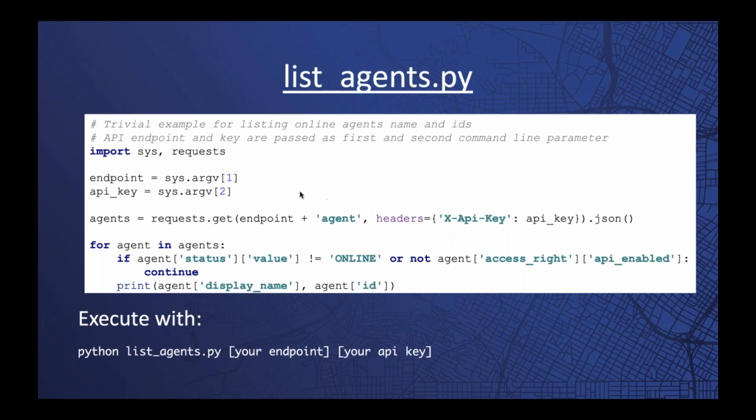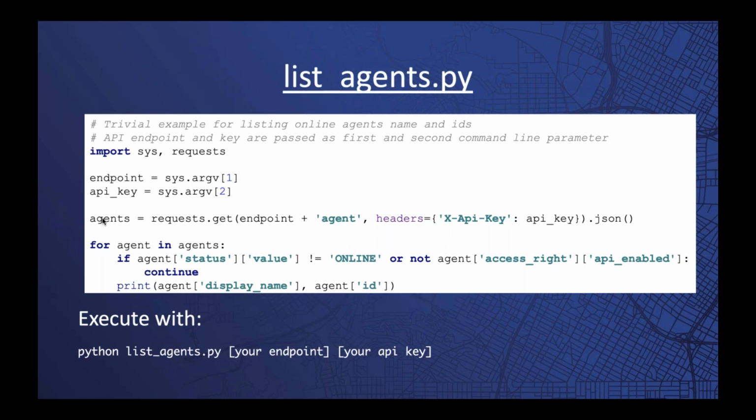So this is a small program that can be launched from the command line or from an IDE, and it needs two command line parameters, the endpoint and the API key that Giancarlo showed before.